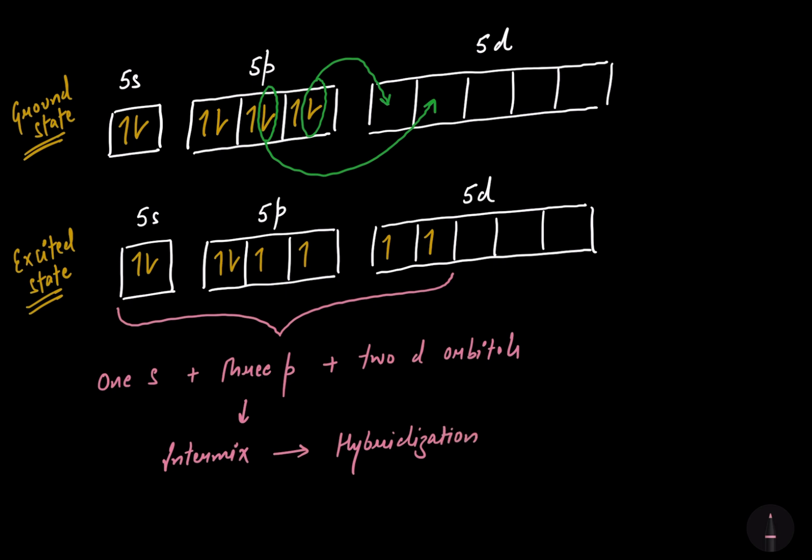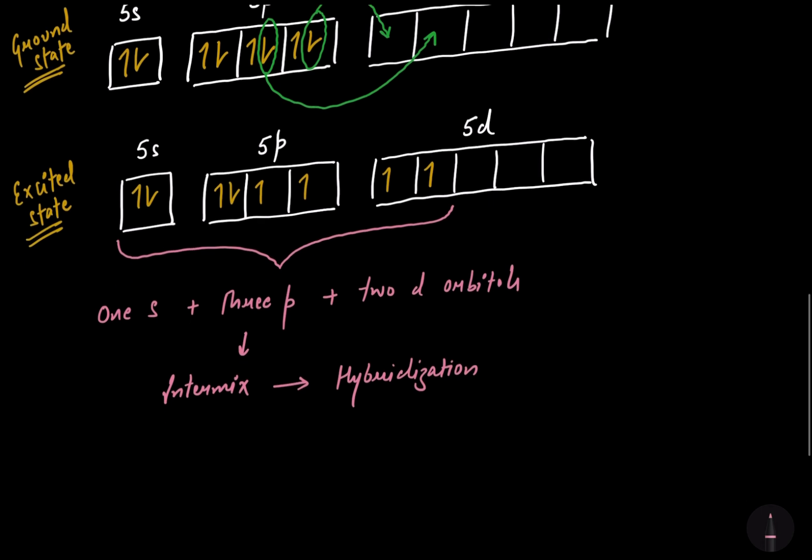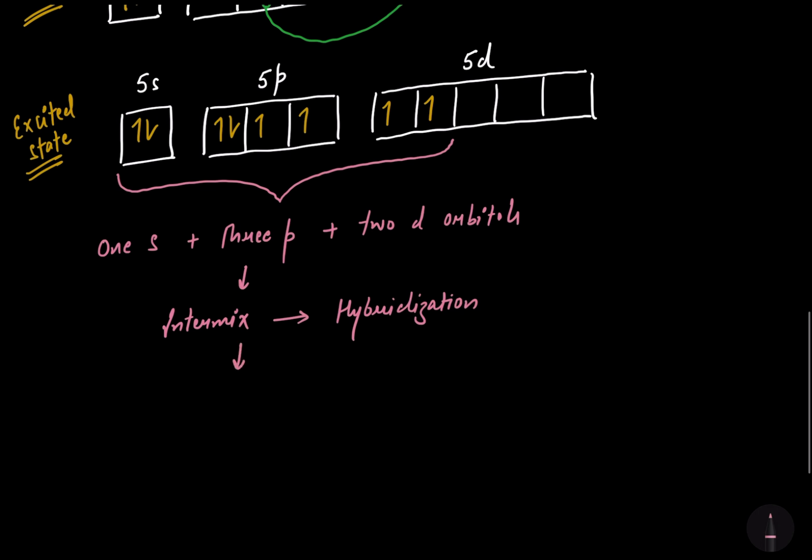So in this case, we have mixed in total 6 atomic orbitals, 1 from S, 3 from P and 2 from D. So we are going to have 6 new hybrid orbitals.